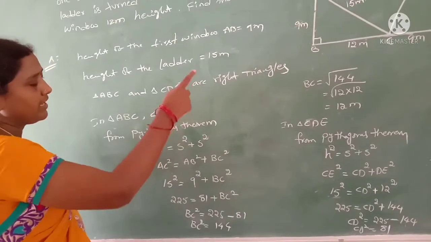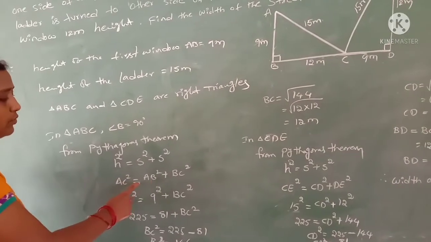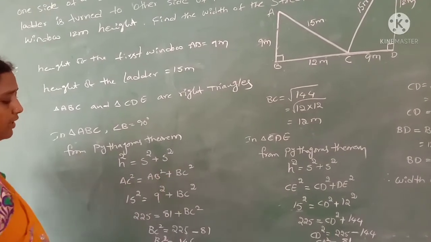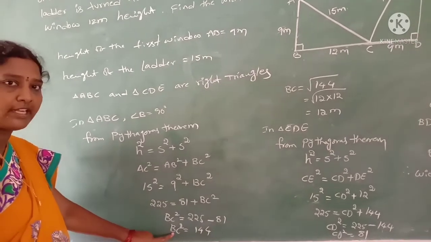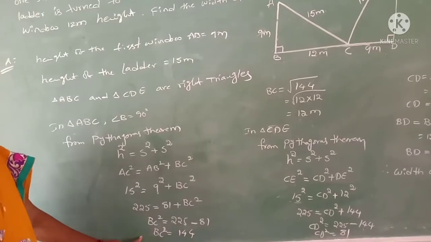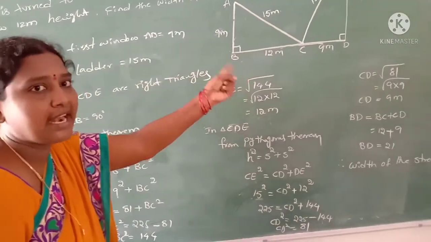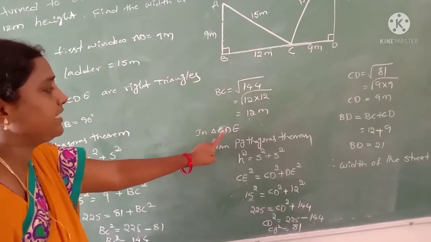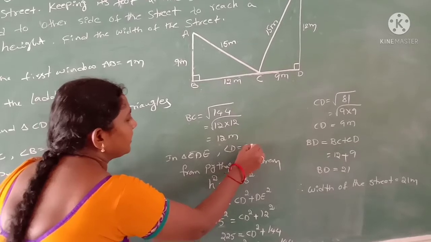So in the figure, the hypotenuse is AC. So AC square equals AB square plus BC square. We substitute the values and find BC square equals 144, and BC is 12 meters. Next we take the other right triangle, triangle CDE, angle D equals 90 degrees.